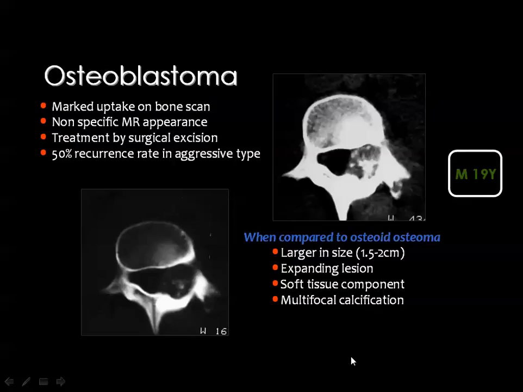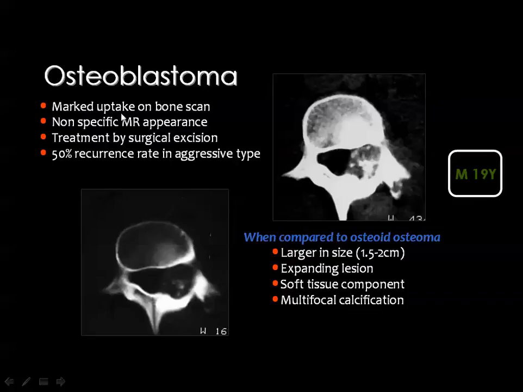Actually, if the tumor arises outside the spine, you cannot predict its nature. You will say that this is a benign tumor. But if it arises inside the spine, it can be easily spotted as osteoblastoma.